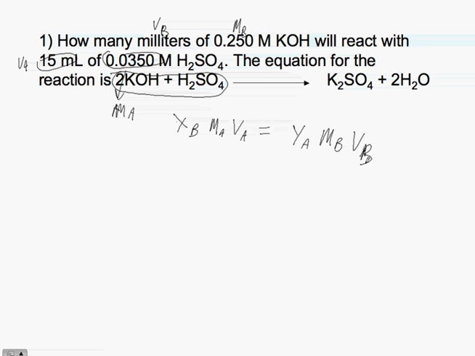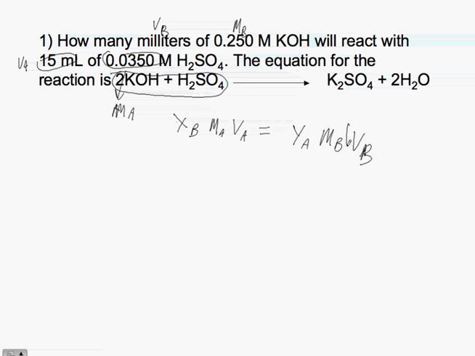So if I do it this way, XB is the moles of the base, which comes from the 2 in 2 potassium hydroxide, your base, and YA is the moles of the H2SO4, which is 1. In this instance, we want to solve for VB.